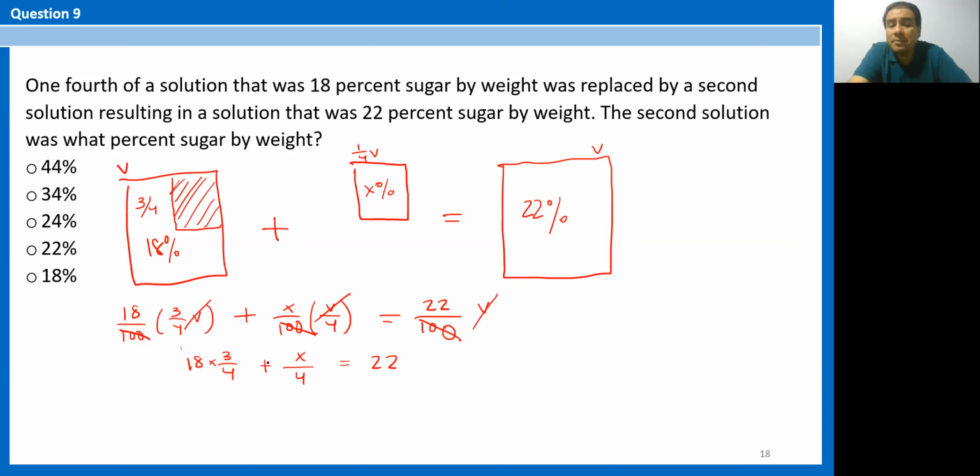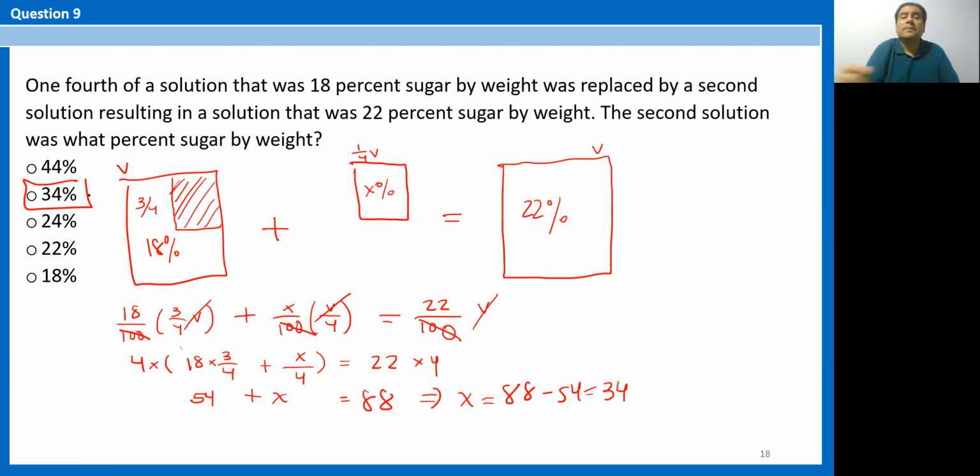We multiply everything by 4 to get rid of the denominators, and we get 88 here. 18 times 3 is 54, and 4 times x over 4 is just x. So x would be 88 minus 54 equals 34%.